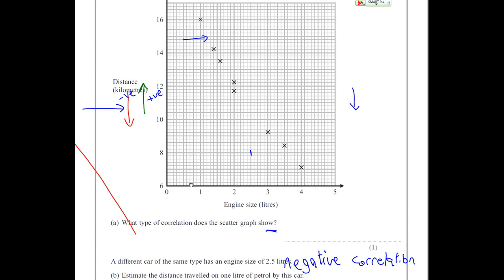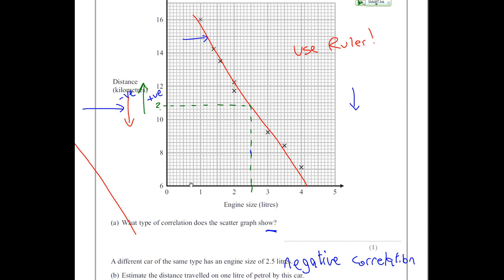Try and do it a little bit better, I think. You would obviously use a ruler and try and go right through the middle. That should be a straight line, okay, with a ruler. Now, once you've done your line of best fit, you go from 2.5, you go up, and you go across. Okay, and you have to read off at this point here.